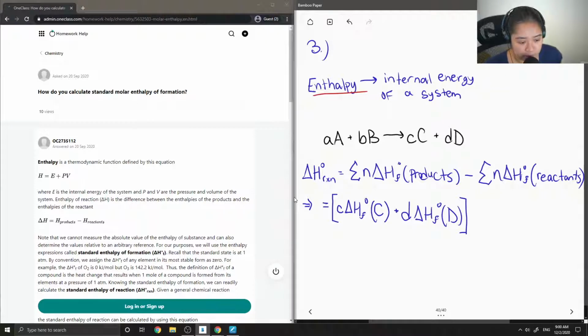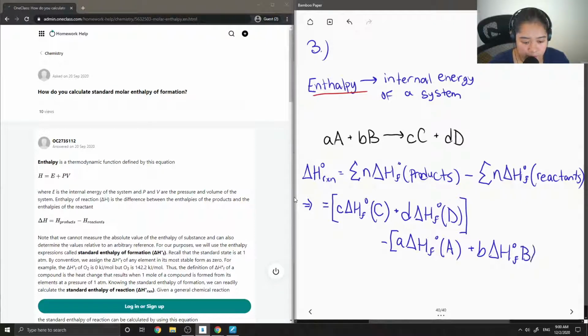All of this will have the delta H of formation sums of all the reactants. So here it'll be lowercase a times the delta H of formation of compound A plus lowercase b times the delta H of formation of compound B. Okay, so this is how you would calculate the standard molar enthalpy of formation.